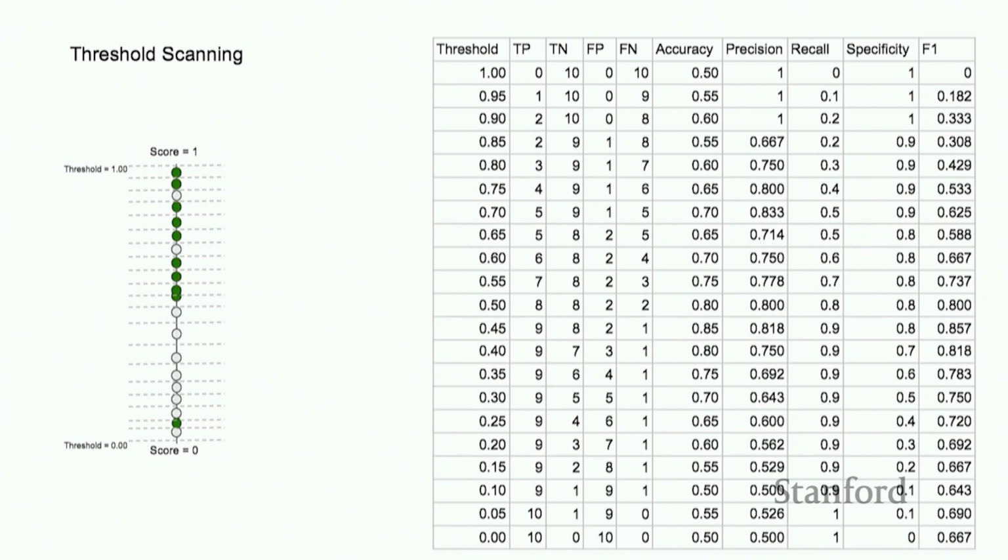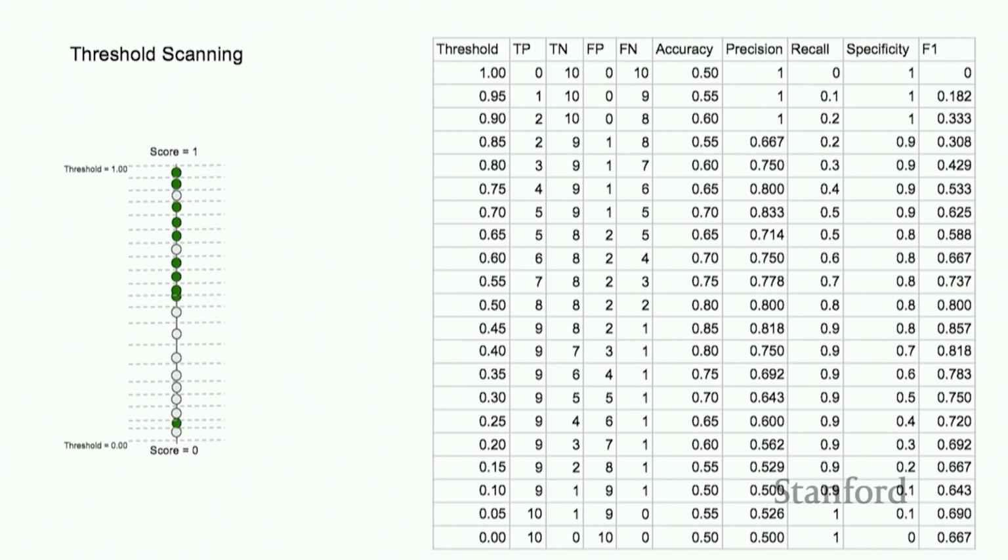So some of them have this monotonic relation where we increase in one direction or decrease in the other direction, and precision is interesting because we keep going up and down, right? So with precision, we start at 1, come down to 0.6, go up to 0.75, 0.8, 0.83, and then come down to 0.71. So it's going up and down.